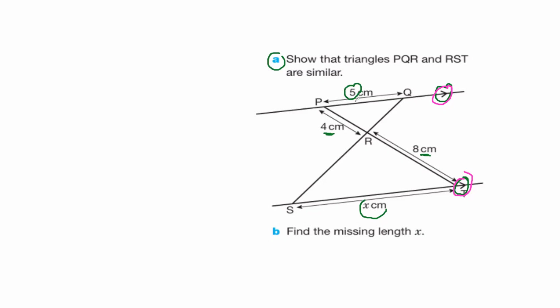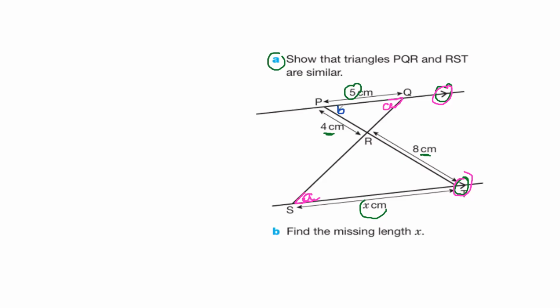But here I am concerned about the alternate angles. Can you see the Z? Okay, and here these are alternate angles. So these two angles are the same. Let's name it, for example, this is angle A, this is angle A. And the same for angle QPR, which is this.